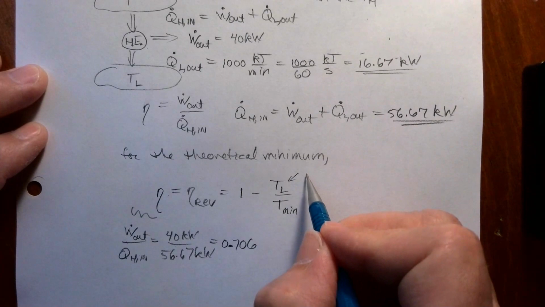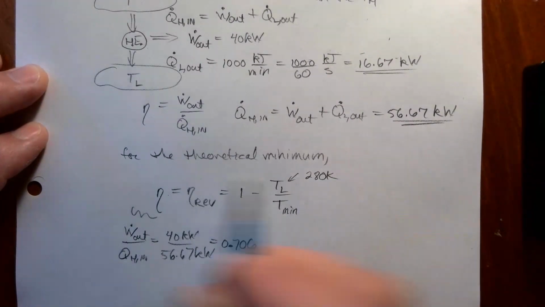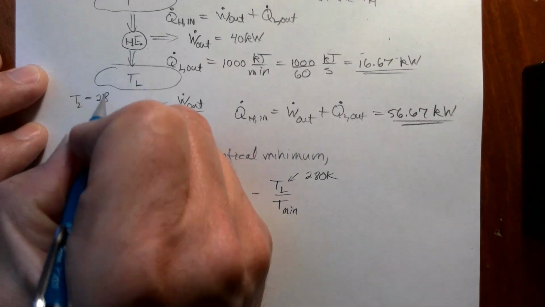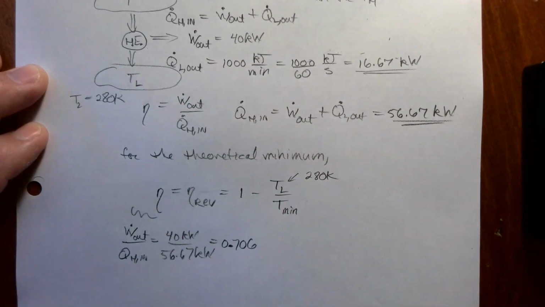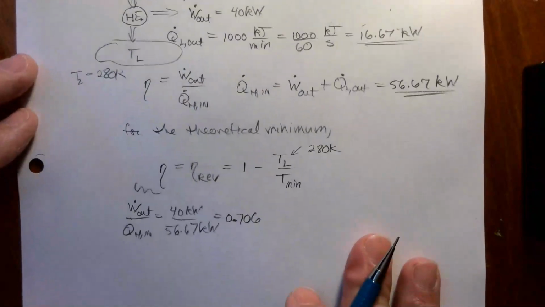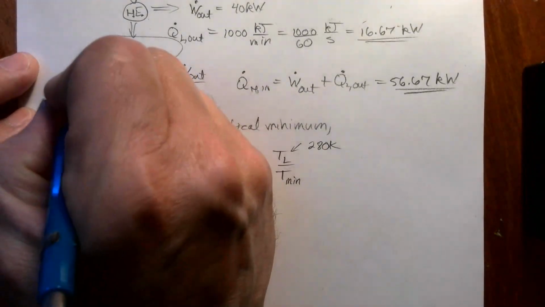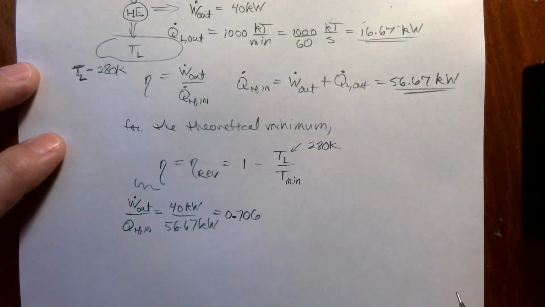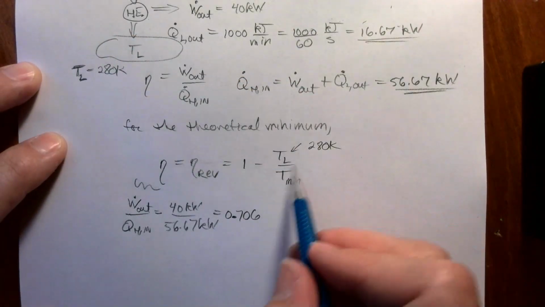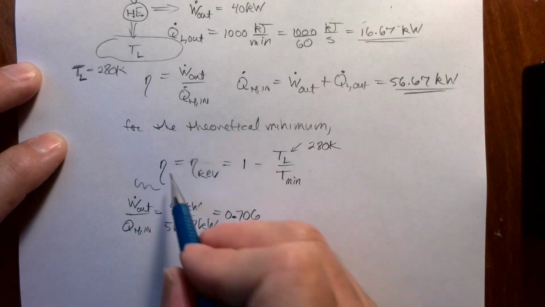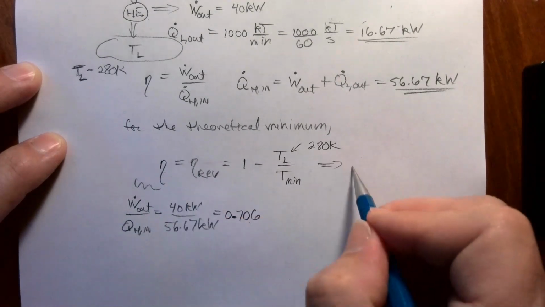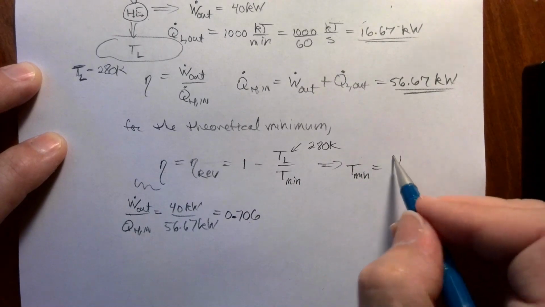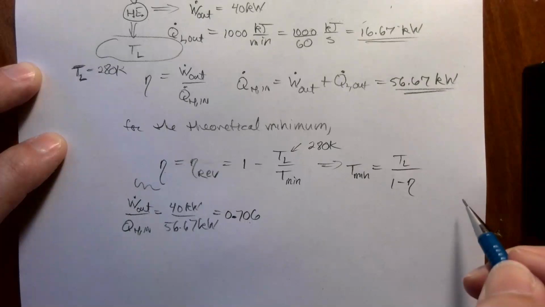This temperature TL is actually equal to 280 K. I should have added that up above. It's already in absolute temperature. That's supposed to be an L, not a 2. TL there. Alright, now we can use this equation, put our 0.706 there, and solve for T minimum. If you do some algebra, T minimum is TL divided by 1 minus eta.